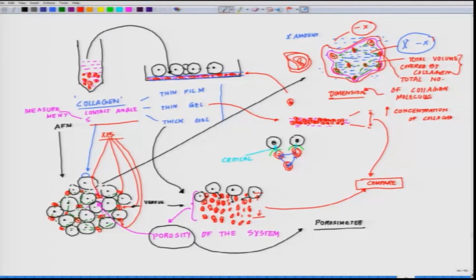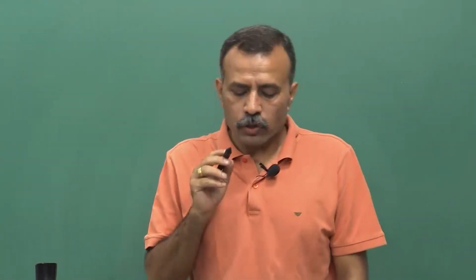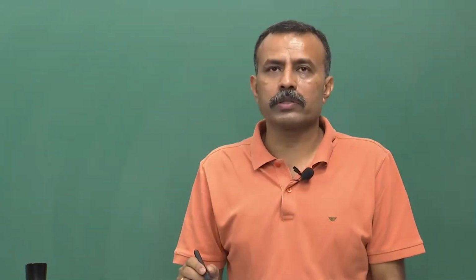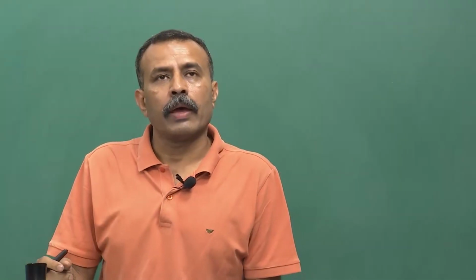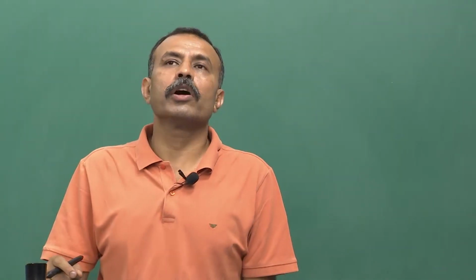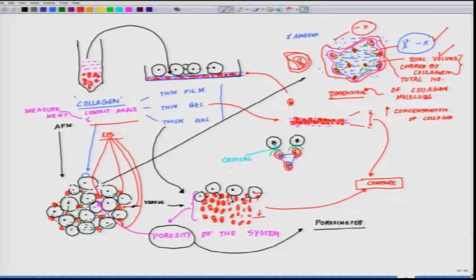Now, you have this value, you have this value, you know how much is the pore space. This is the simplest way how one calculates. Do not fall into the complexity of it. These are very simple techniques, but you just have to put your brain in place to figure them out. Okay. So, now you can vary the porosity of the three-dimensional matrix, and depending on the cell, you have to take another thing into account.